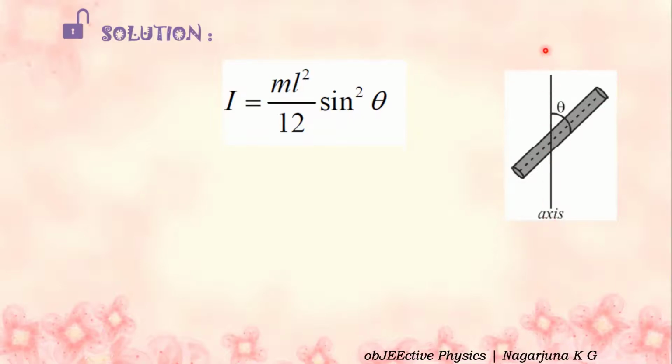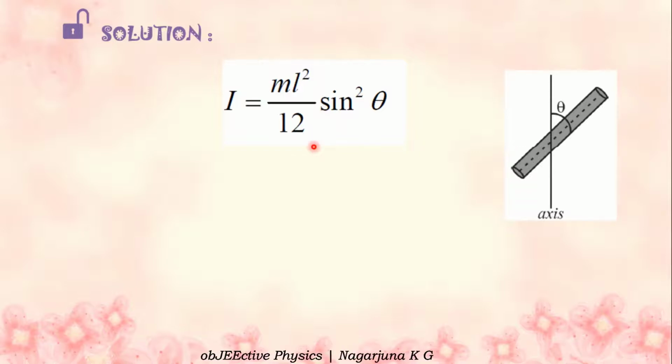It is along the axis L cos theta, perpendicular to the axis L sin theta. So as per our formula, I is equal to ml square by 12 is the moment of inertia of a thin uniform rod about an axis passing through the center and perpendicular to its length.